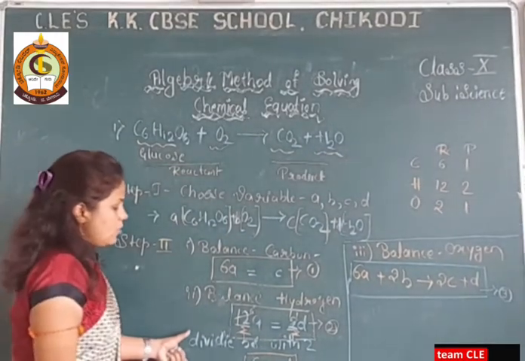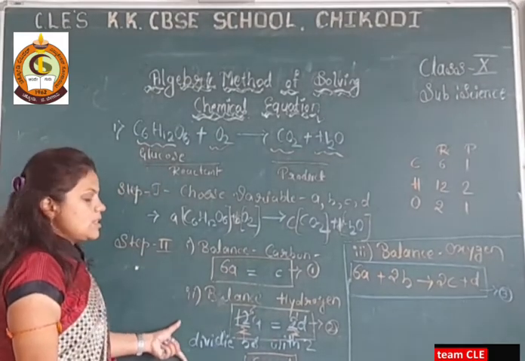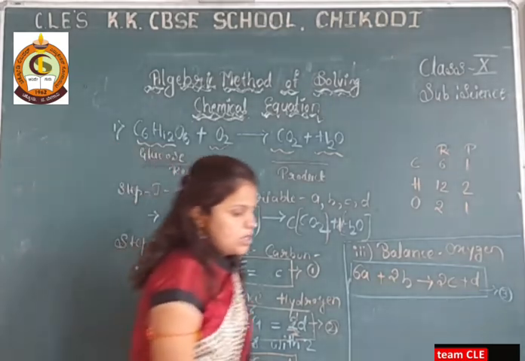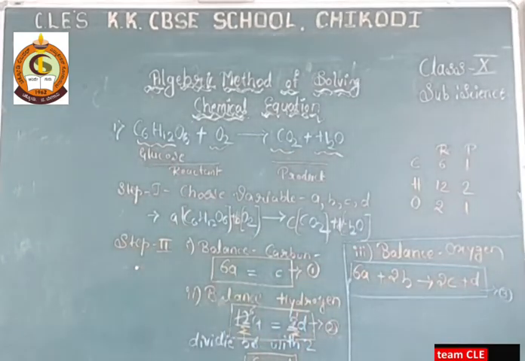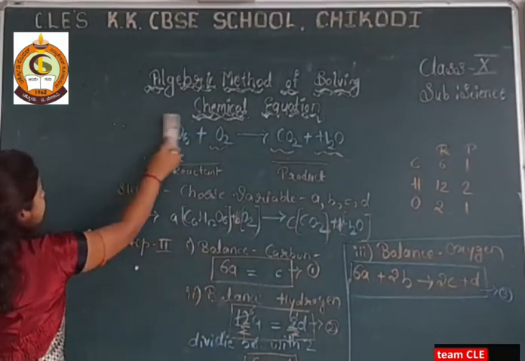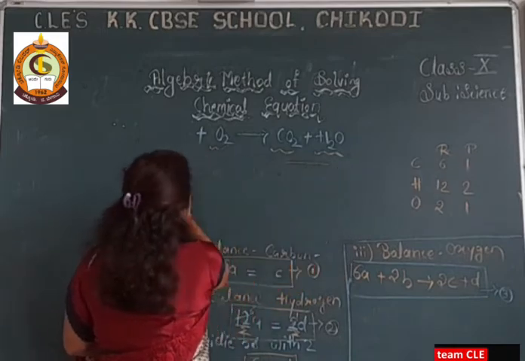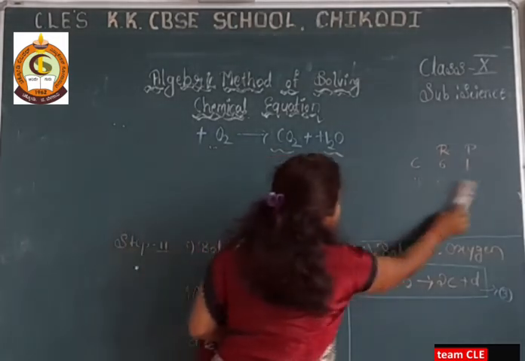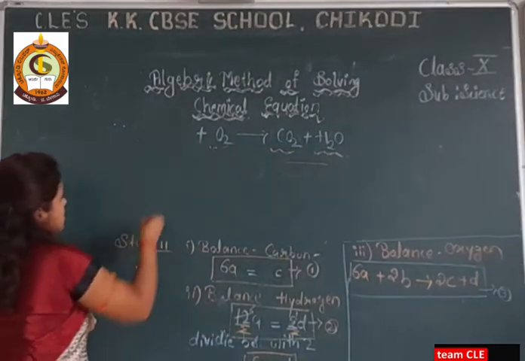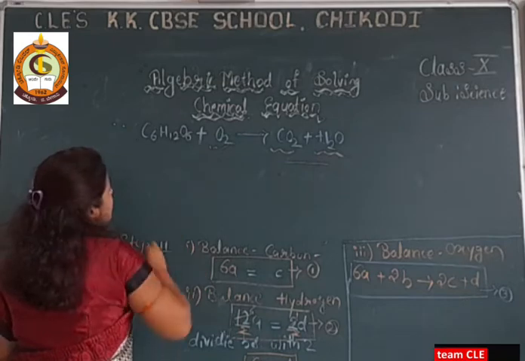So dear students, I hope there is no confusion in the balancing of the hydrogen. So 6A is equal to D. So we got totally 3 equations. Just collect all the algebraic terms. Once again I will write C6H12O6, this is our original formula.